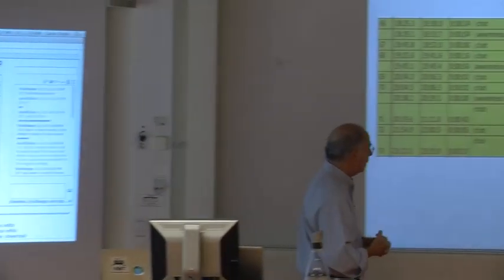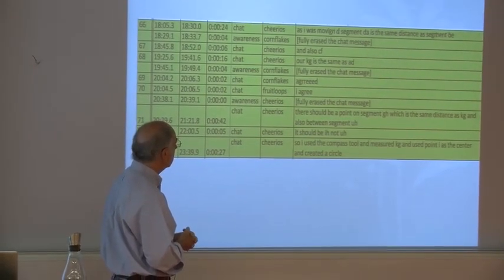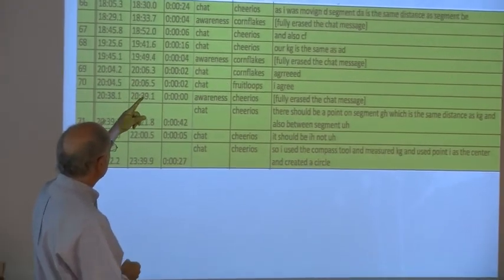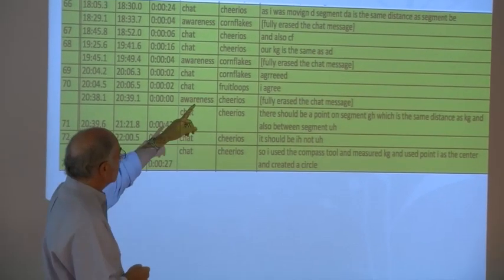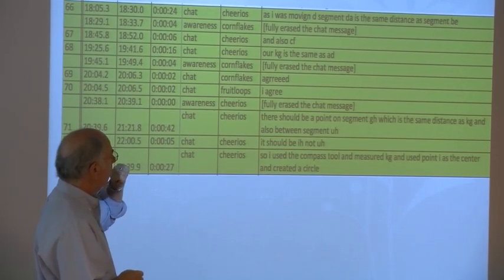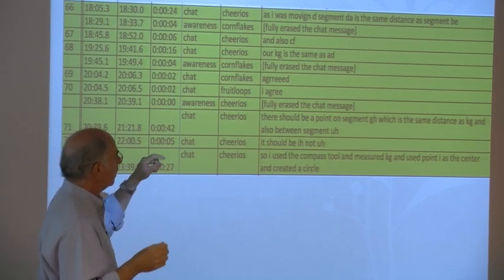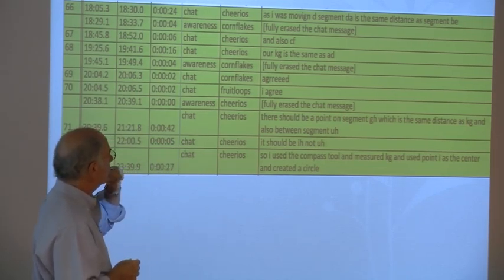so here's the key. The key discovery that Cheerios makes. He says, "As I was moving D, segment DA is the same distance," he means the length of the segment, "as segment BE."